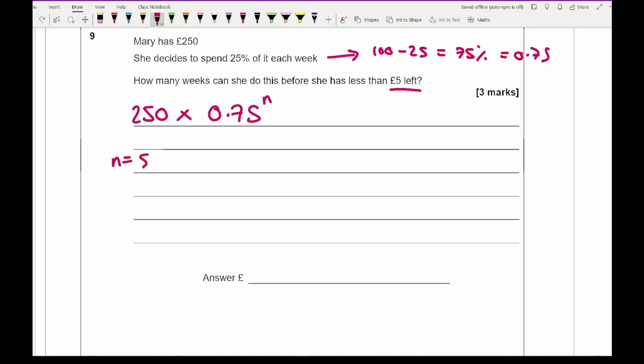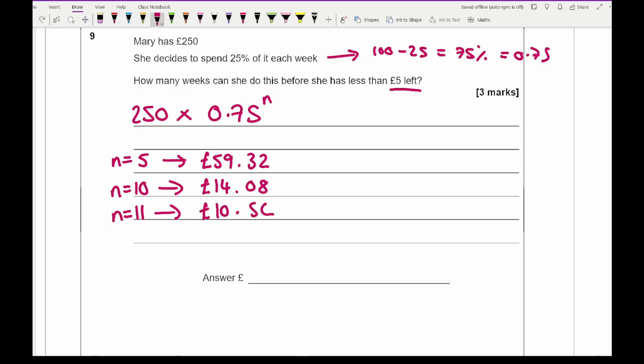So if I type in n equals 5 and I substitute that in, I get an answer of £59.32. Then if I type in n equals 10, I get an answer of £14.08. So I'm getting closer. If I then type in 11, so 250 multiplied by 0.75 to the power of 11, I get an answer of £10.56.